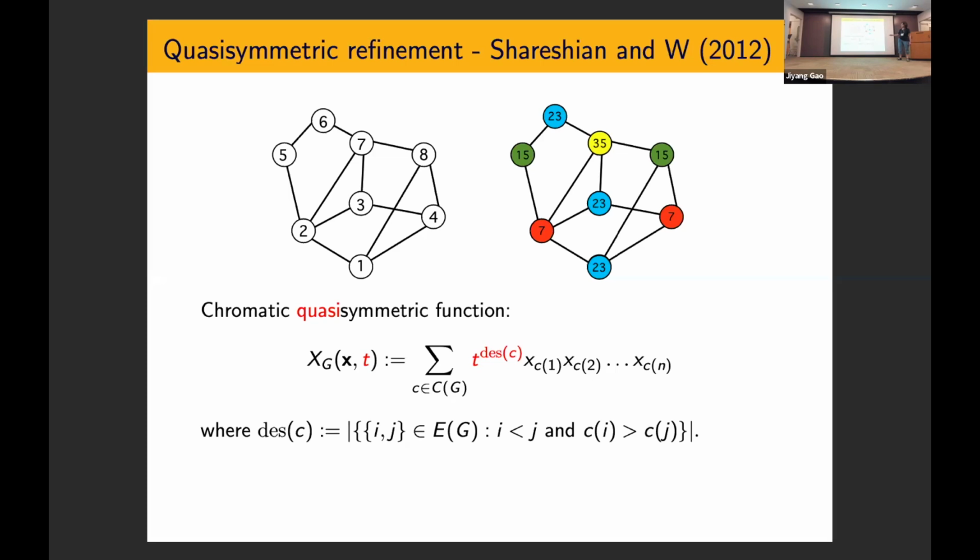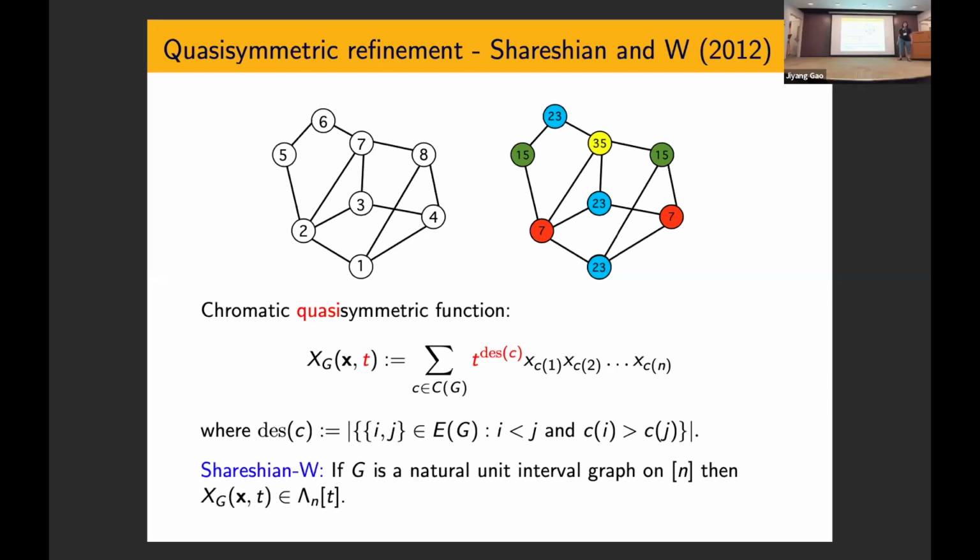So 1 is less than 4, but its color is bigger than the color of 4. We call that a descent. With this additional parameter, we can view this as a polynomial in t and look at its coefficients. Those are not necessarily symmetric functions, but they are quasisymmetric functions. So the question is, when are those coefficients symmetric functions?